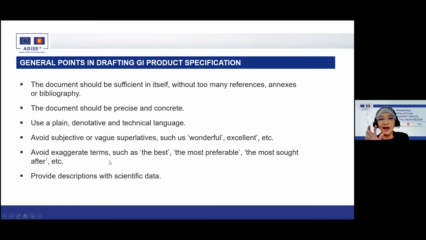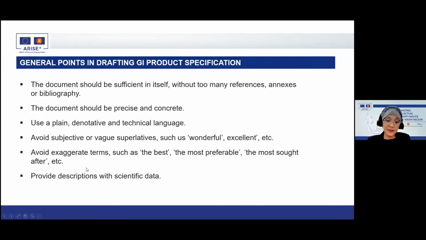You know, you can use these terms if you would like to sell the products, but not in drafting a GI product specification, okay? Those are wonderful terms. I love them too, but use them not in drafting a product specification, but when you trade the products to invite the consumers, to enchant the consumers, not in drafting the GI specification, okay?